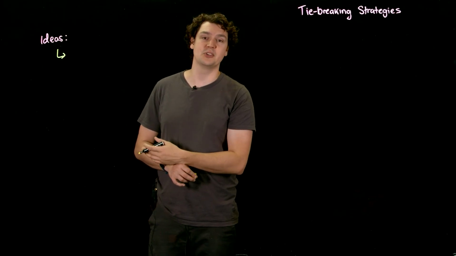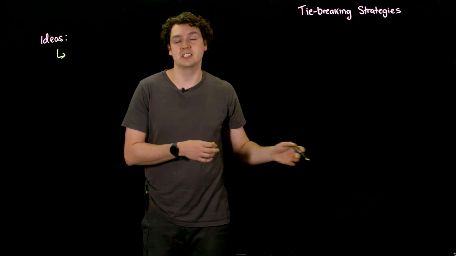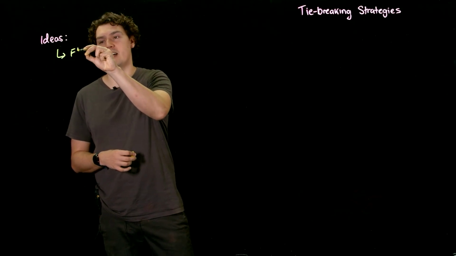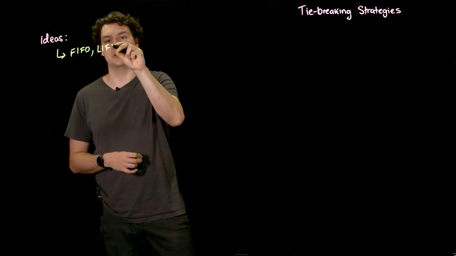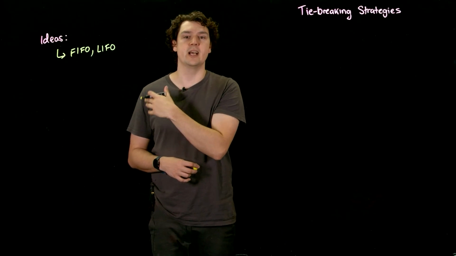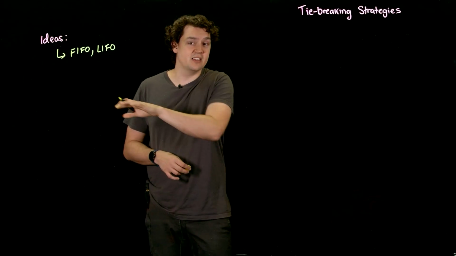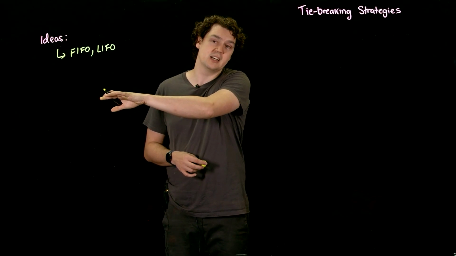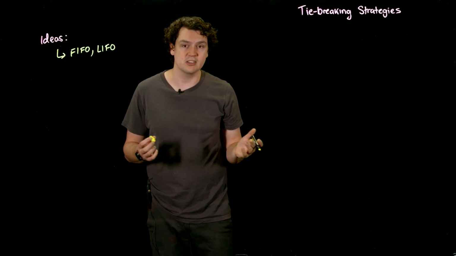I'm going to expand first in, first out. Or how about last in, first out? So these are our FIFO and LIFO queues. I think these are very similar concepts to either depth-wise or breadth-wise expansion ordering. But this is definitely a valid approach to trying to choose a tie-breaking strategy.